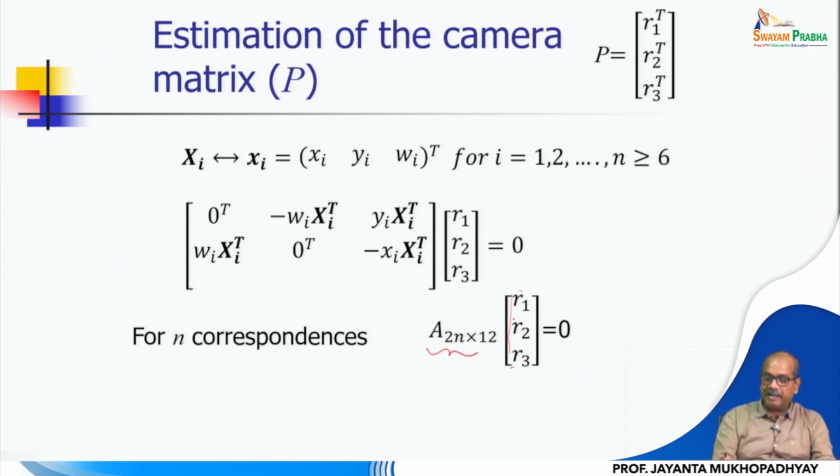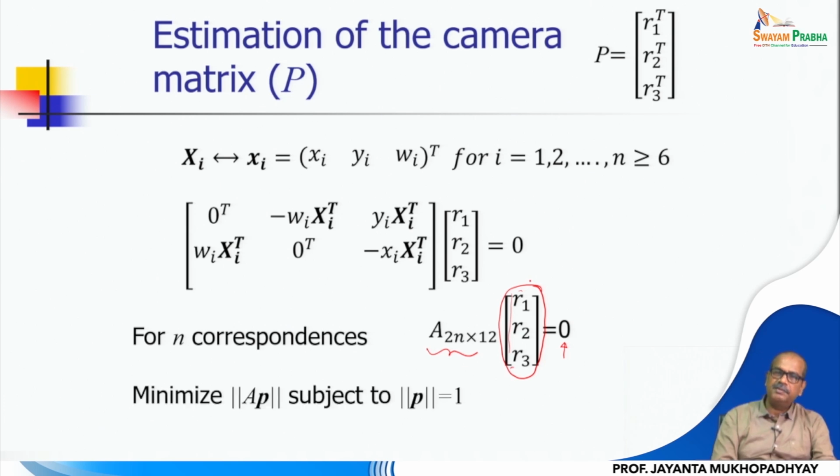So, you are getting an overdetermined set of linear equations, and that is also homogeneous. To estimate the respective parameters or coefficients, we have to use the same direct linear transform method which we discussed for estimation of homography, which means we have to minimize the norm AP.